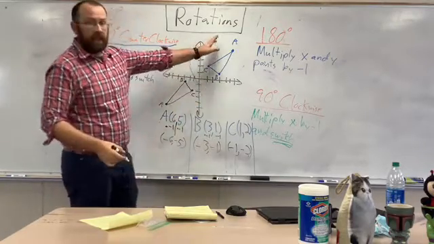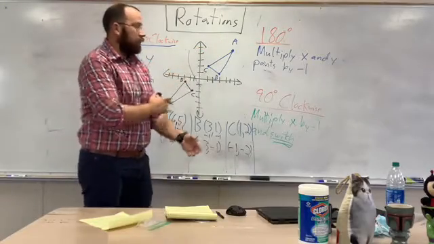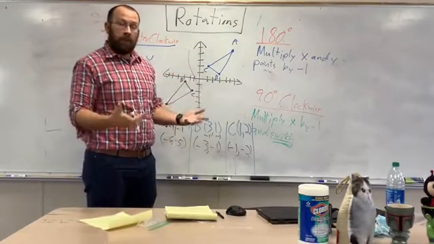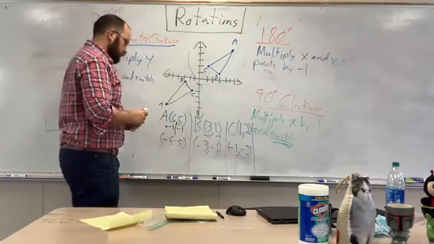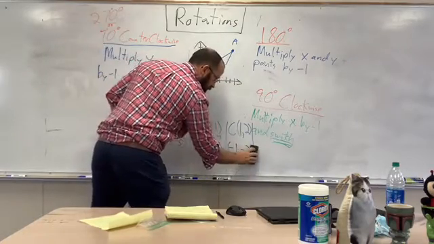Now, we just rotate it. We took it around and we rotated it over there, and that's how you do 180 degrees with an image. So now, I'm going to erase all this down here.